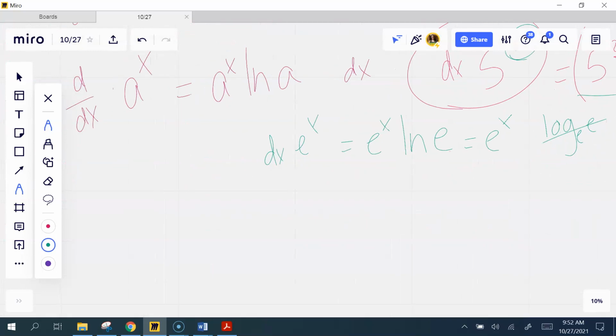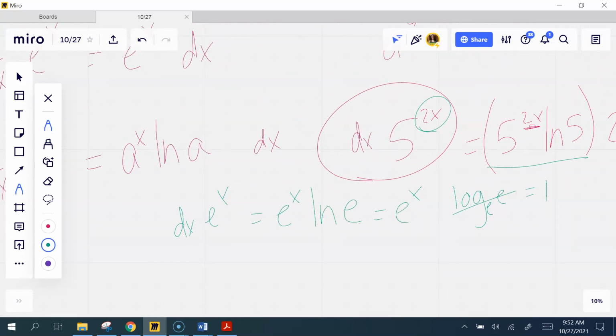There's two more real quick. The derivative of the natural log of x is 1 over x dx.